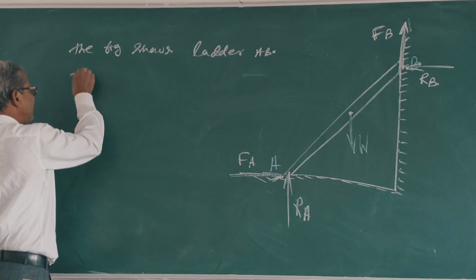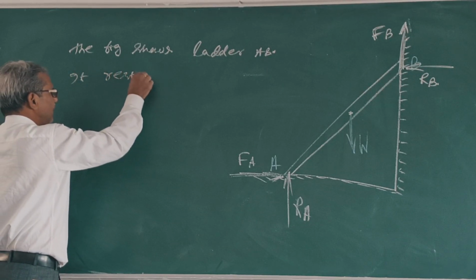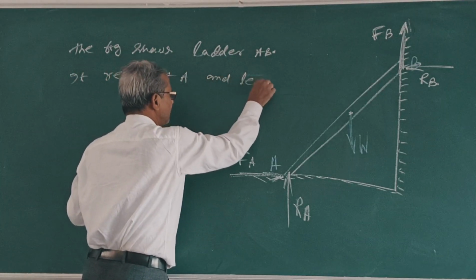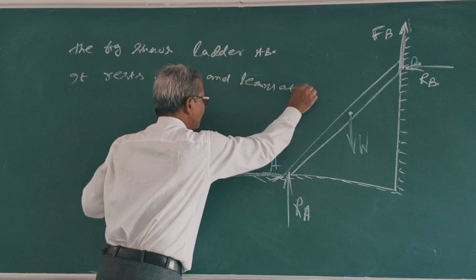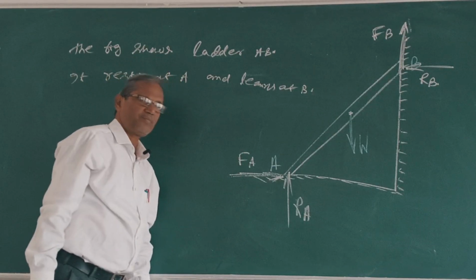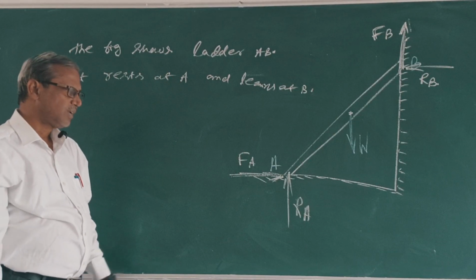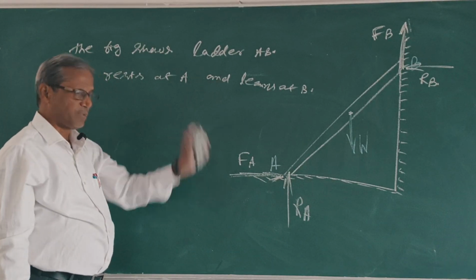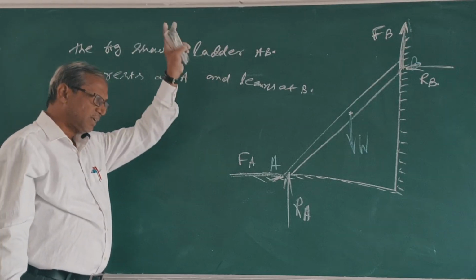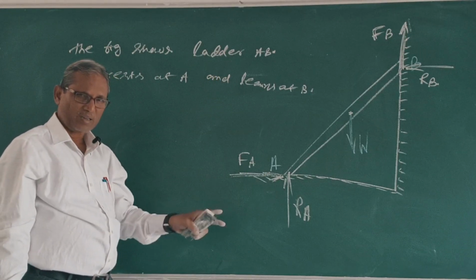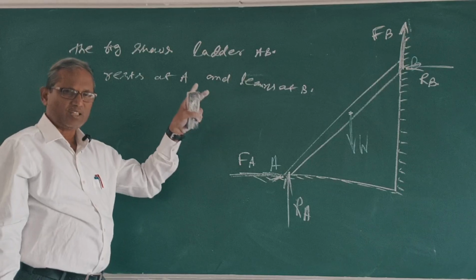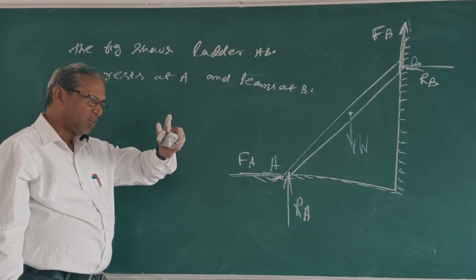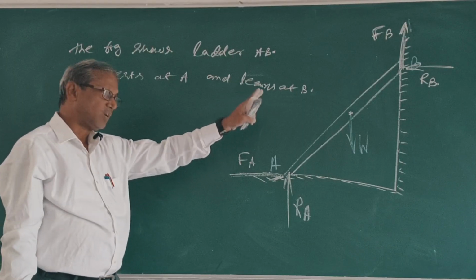It rests at A and leans at B. Clear? At B, the ladder slips downward along the wall, right? So there is no virtual displacement for RB, but only for FB.